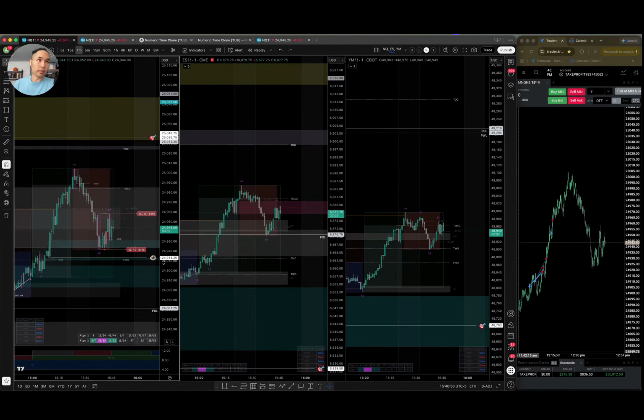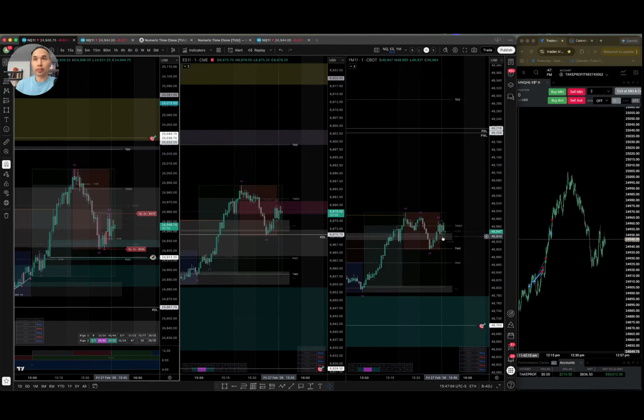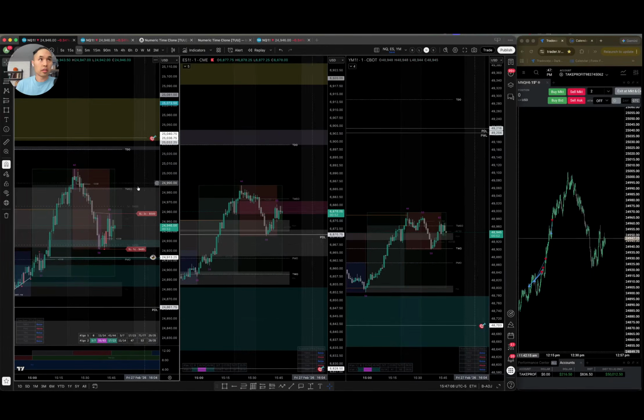I think this is going to be one of those days. We'll see what the 50 candle does to decide on direction, because it can go either way. We could see displacement higher, or we could see displacement lower. So let's see. I'm a little bit bearish, and then we're going to go down here.